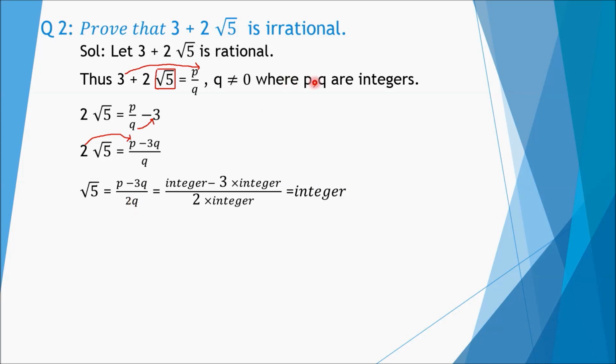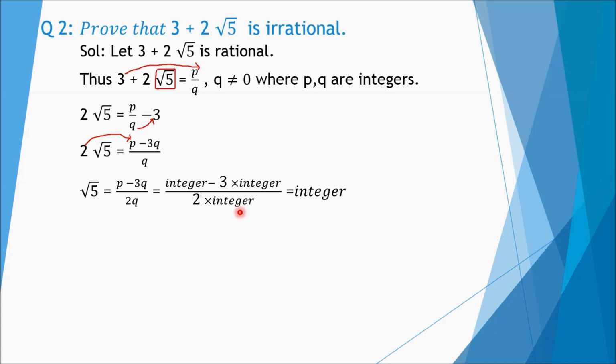Now we have taken p and q are integers. So this p is an integer minus 3 multiplied by q is also an integer, and divided by 2 multiplied by q is again an integer. So whenever integers are added, subtracted, multiplied or divided, the answer is always an integer.